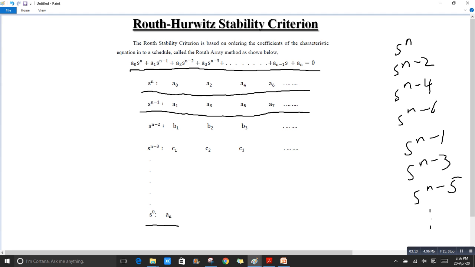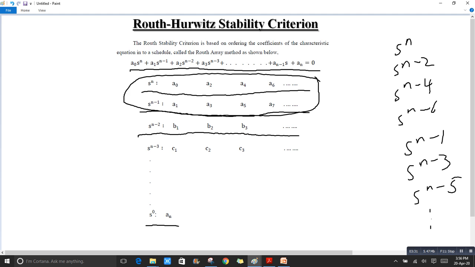Suppose I am calculating the s^(n-2) row; it can be calculated with the help of the previous two rows' elements. I am taking b1, b2, b3 as the coefficients and c1, c2, c3 as the coefficients, up to the s^0 row. So, how to calculate b1, b2 and b3?